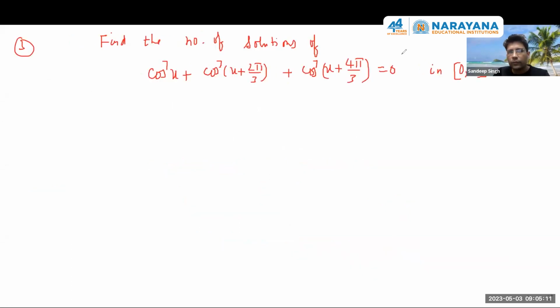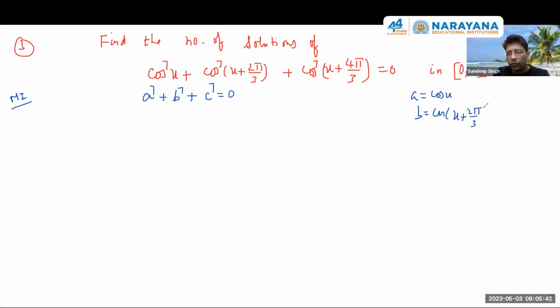See, first of all, let us name them A, B, C. So we can follow 2 methods in these types of questions. First of all, let me take cos x as A, cos of x plus 2 pi by 3 as B, and cos of x plus 4 pi by 3 as C. So A is cos x, and they are at an angle of 2 pi by 3.